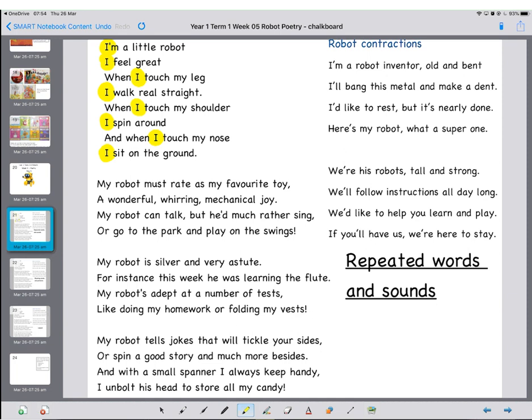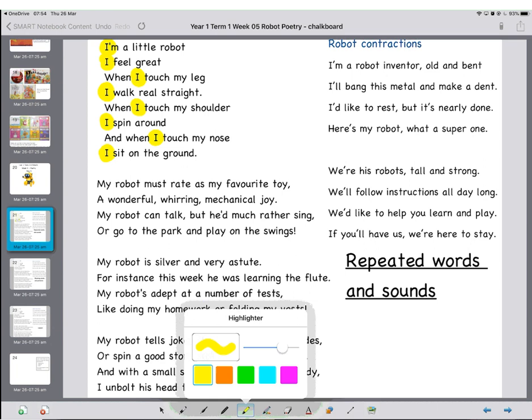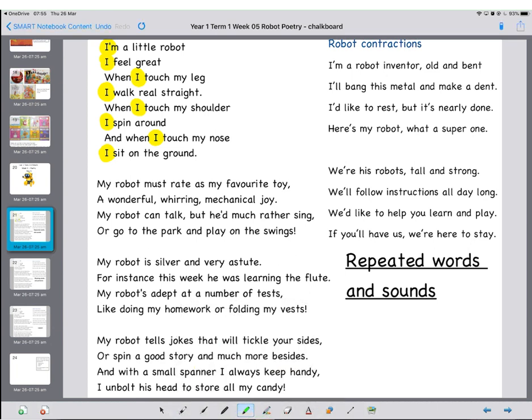So do you see the way that the poet has used the same I word repeatedly to make the poem seem a bit different from a story? And there's also a second word, and you might want to write this down as well when you do it, or do it in a different colour highlighter if you've written out or printed the poem. We've got when and when again.